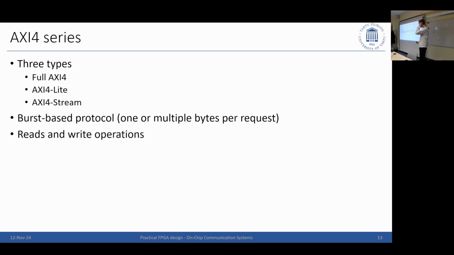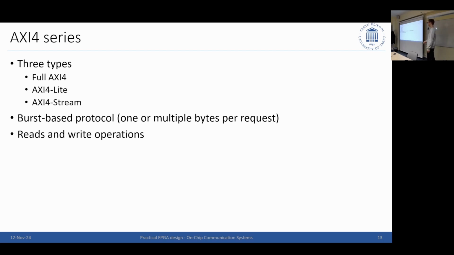We have 3 Axie 4 series types. We have a full Axie, which is the one, for example, when you connect on a Xilinx device your system on chip processor to the rest of your programmable logic. Then this will be Axie 4. I've mostly worked with Axie 4 Lite in combination with Axie 4 Stream, because you have a controller entity and then you have a high throughput.